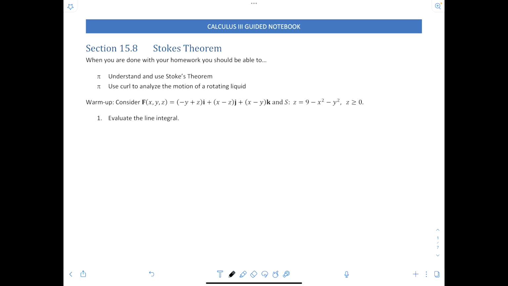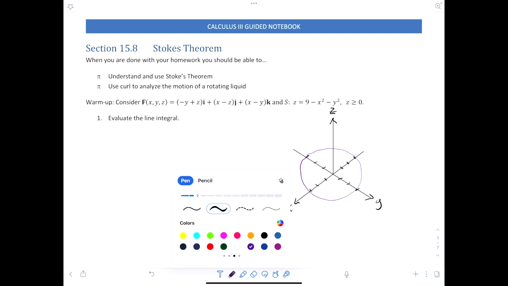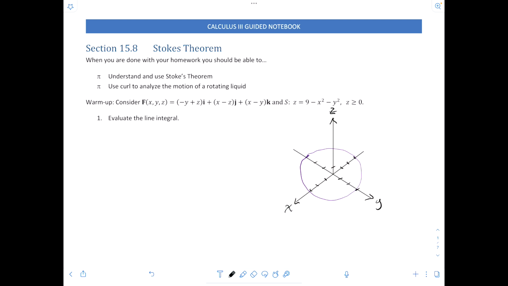So first of all, let's get a picture of that surface we're dealing with. If z was 0, do you see that we would have a circle with radius 3? So I'll put that down for our base. And then z would be up here at a max of 9.